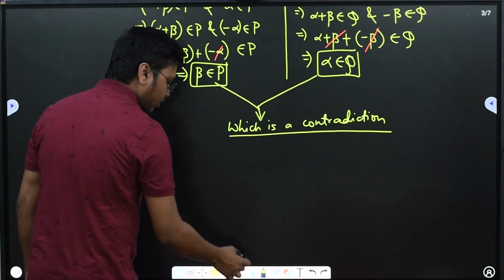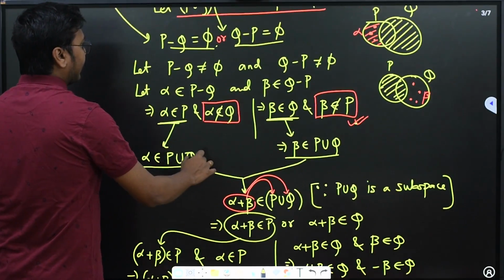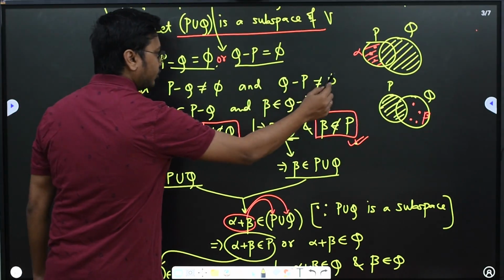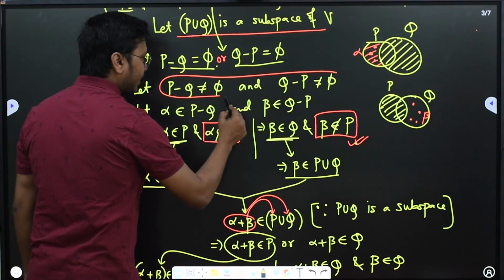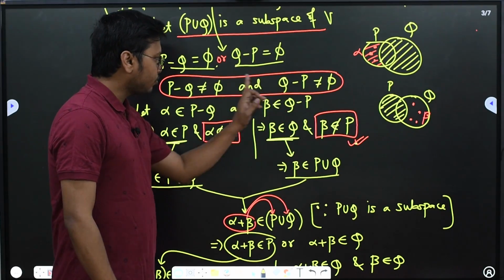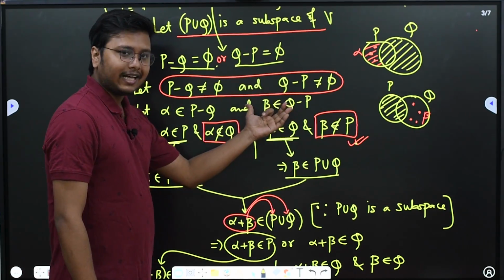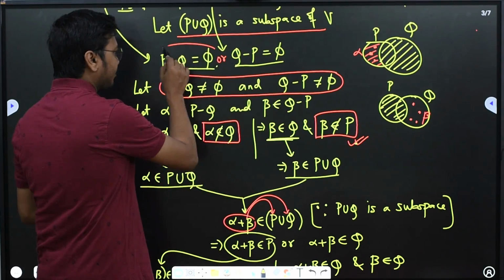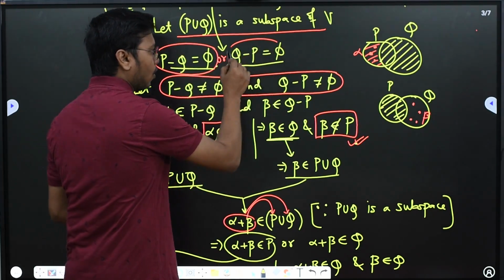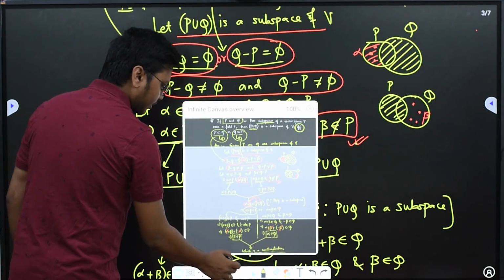This contradiction occurred because I had assumed that this kind of a thing was happening. I had assumed that both P minus Q and Q minus P are non-empty. So due to this wrong assumption, I have got a contradiction. So my correct assumption should have been either P minus Q equals to phi or Q minus P equals to phi. So that should have been the correct assumption.